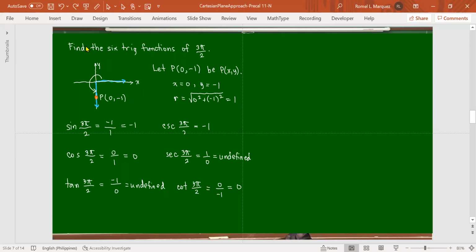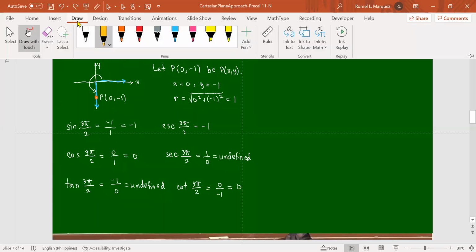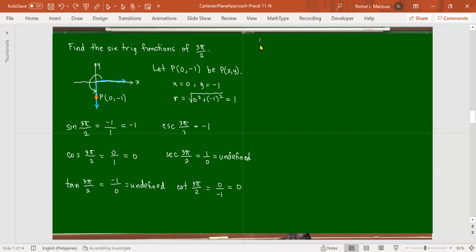So we call these the trigonometric functions of quadrantal angles. Summarize natin, those that are basic only.